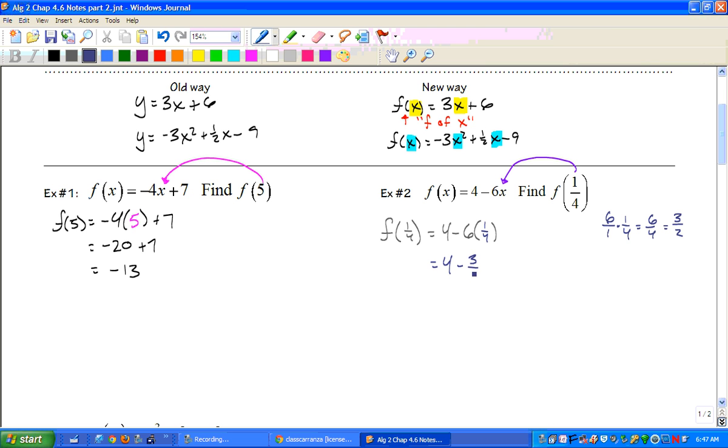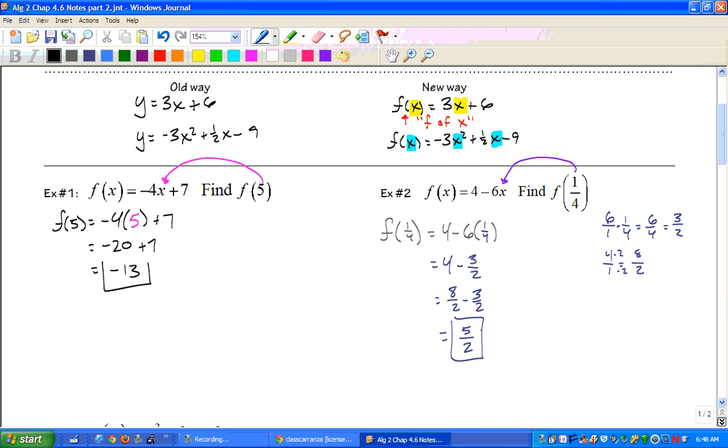So 4 minus 3/2. Ooh. Now we need 4/1 to equal something over 2, so multiply both the top and the bottom by 2. 8/2 minus 3/2 gives us 5/2.